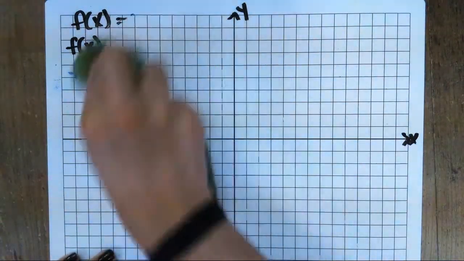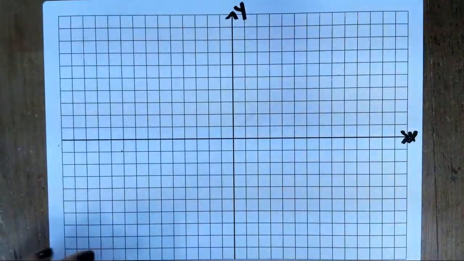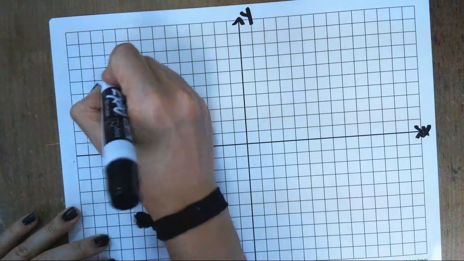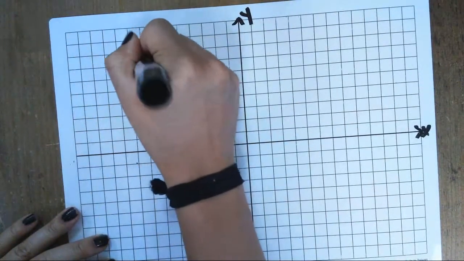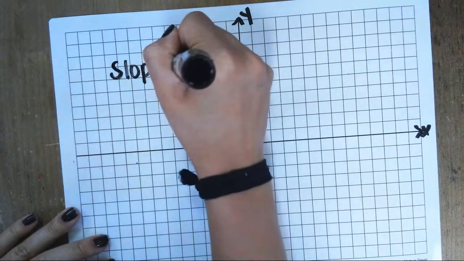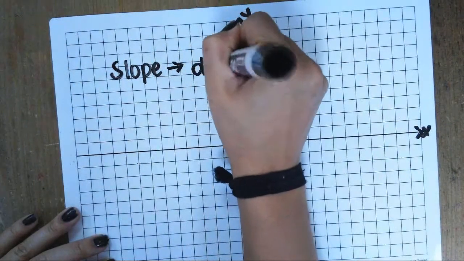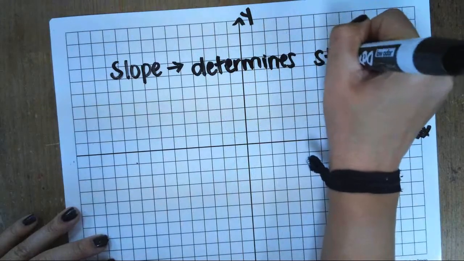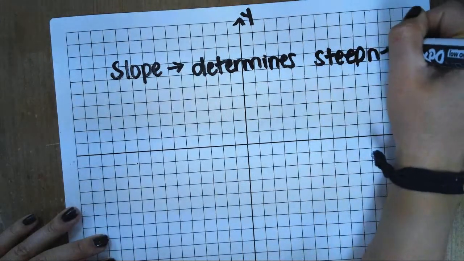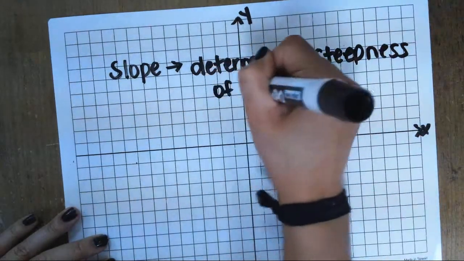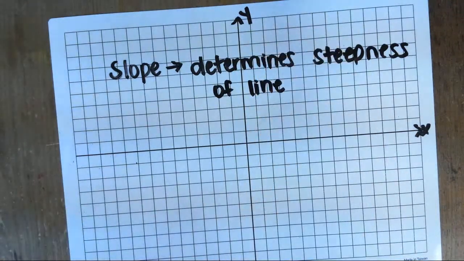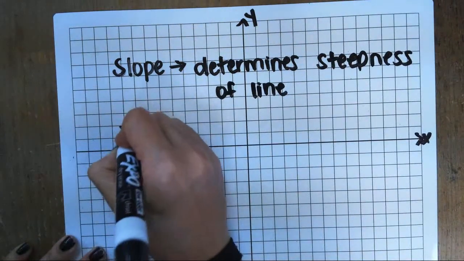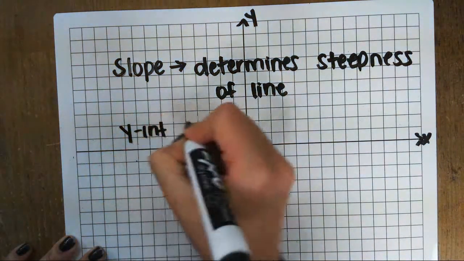So what you need to know for this lesson is that your slope is changing the steepness. It determines, and this is something you should be writing down, the steepness of the line. However, your y-intercept is changing the position of where it begins.